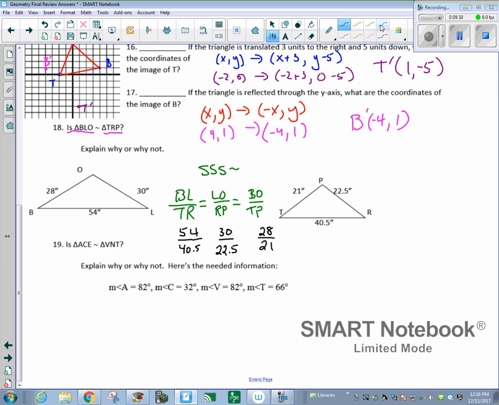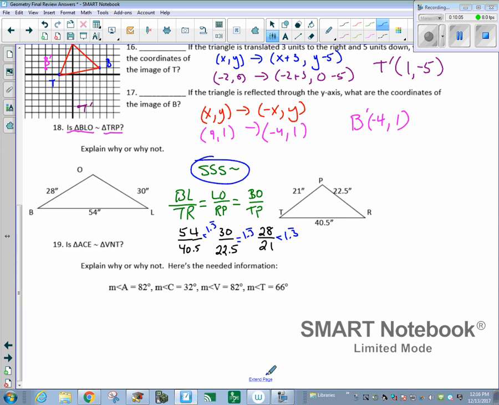So I'm going to divide these on a calculator. I divided this one and got 1.3 repeating. I divided 30 by 22.5 and got 1.3 repeating. And last but not least, 28 divided by 21 is also 1.3 repeating. So all of these ratios are the same. So these two triangles are similar by side-side-side similarity.